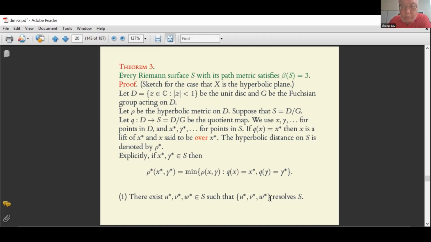Secondly, we need to prove that no 2 points can resolve. Professor Muhammad Imran and his colleagues use this all the time: if 3 points can resolve and no 2 points can resolve, then we prove that the dimension is 3. So this first item says that the dimension is at most 3.